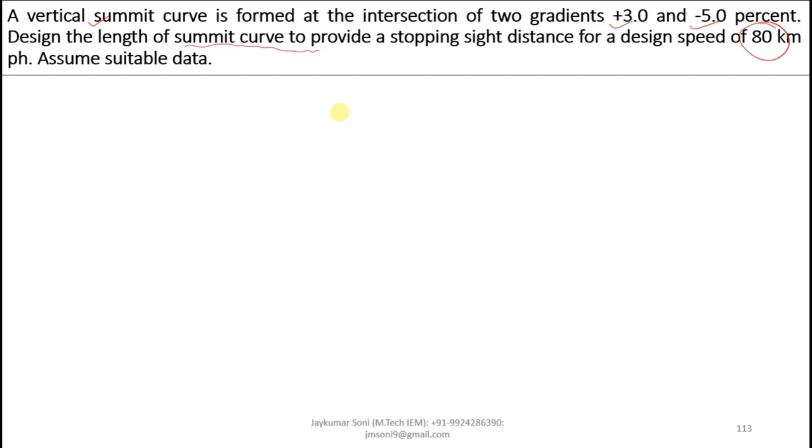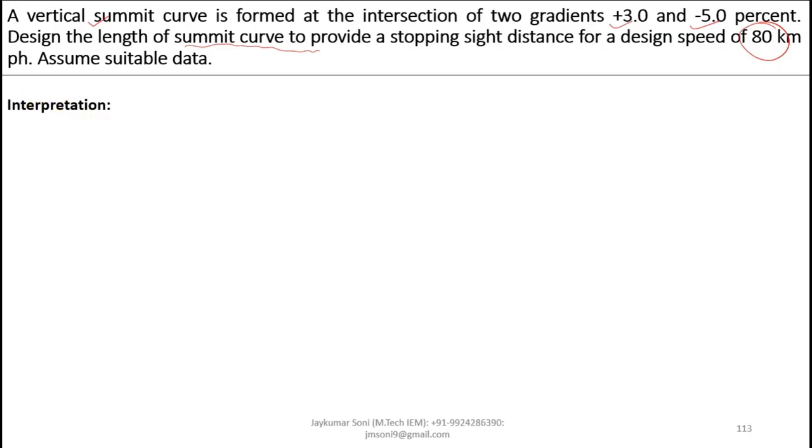Again, I am repeating the statement: a vertical summit curve is formed at the intersection of two gradients. You need to calculate the length of summit curve, and the design speed given is 80 kmph. First of all we will interpret the data.